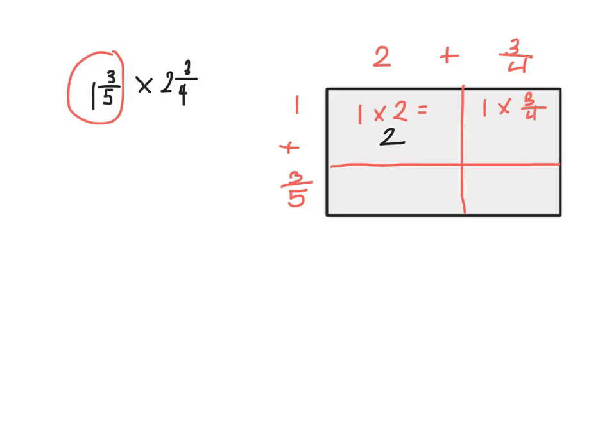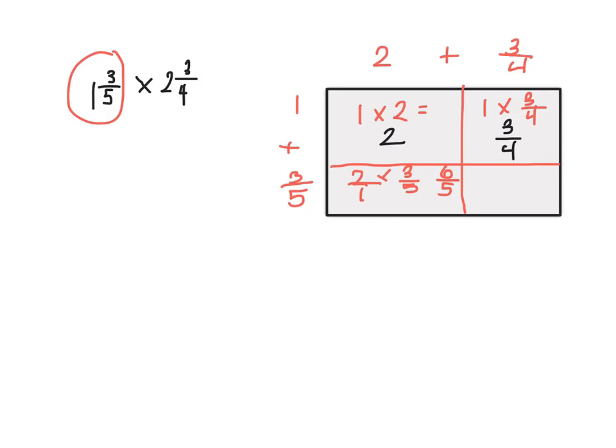Any number times 1 is itself, so it is 3/4. And here I have 2 times 3/5. So I just put the 1 underneath the 2.